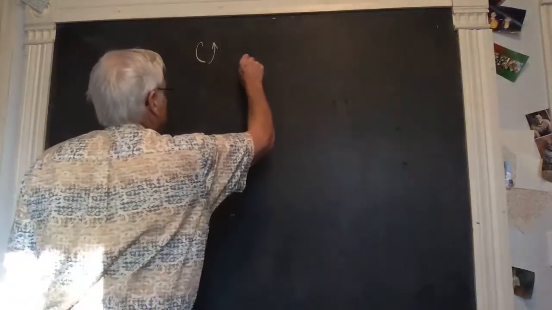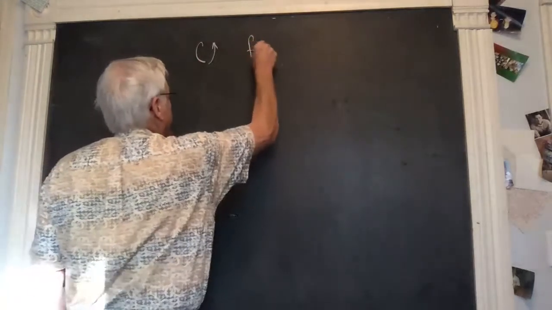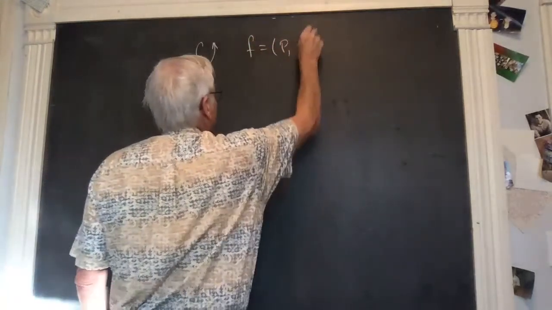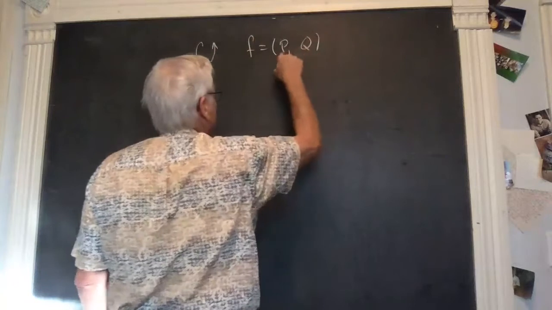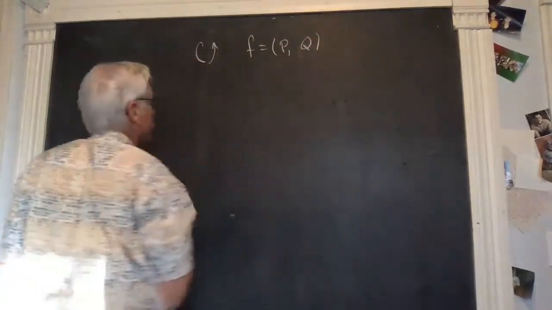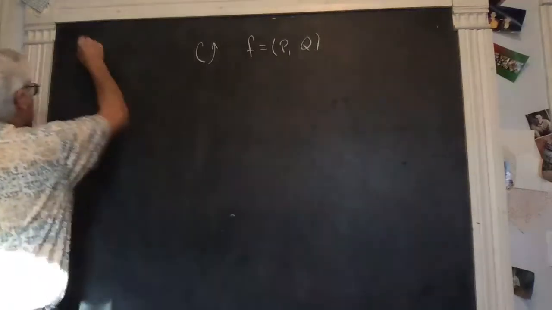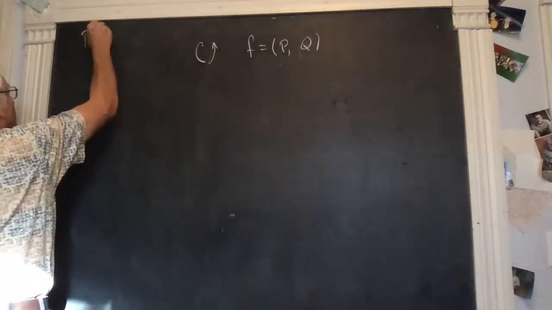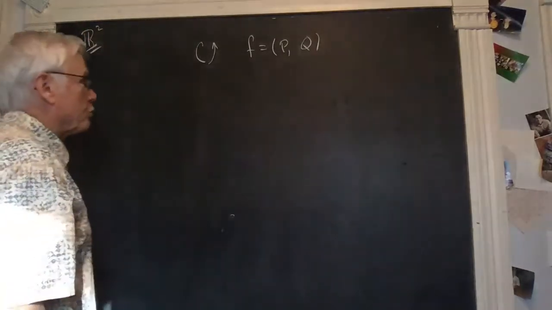and we are given a vector field F, (P, Q). Each one of these is a function of x and y. Everything we're talking about is in the plane. We'll talk about free space next week.